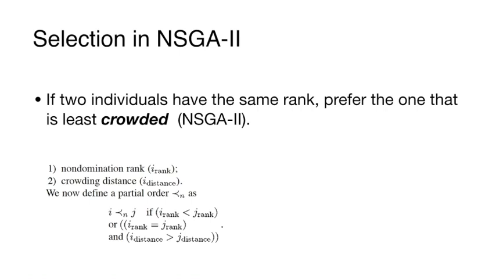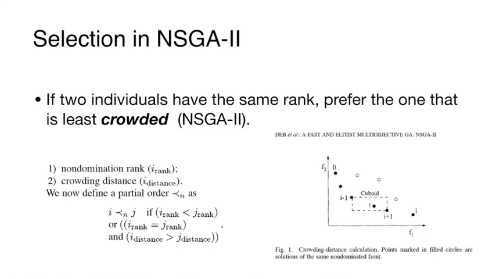However, if the ranks are identical, then NSGA-II breaks the tie by finding what it calls a crowding distance. The purpose of finding this crowding distance is to figure out which of these two solutions is more different. Notice both solutions belong to the same rank, so they belong to the same Pareto front. So now we have to figure out which of these two solutions is more unique.